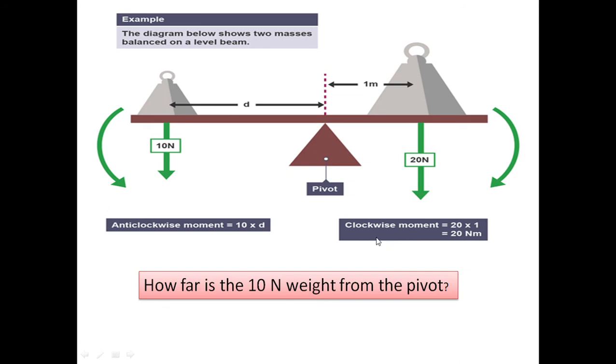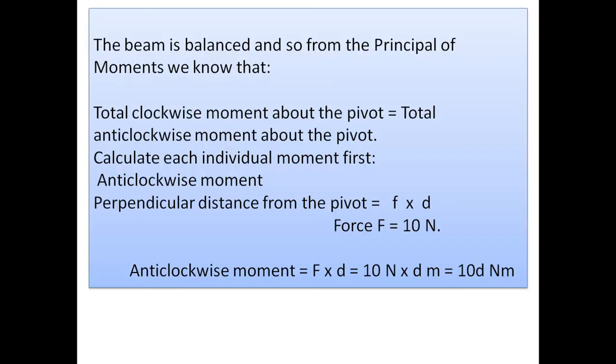Now look at this. Clockwise moment equals 20 into 1, 20 Newton meters. Anti-clockwise moment is 10 into D. Now they have asked how far is the 10 Newton weight from the pivot. You have to find the distance D. How do you calculate that? Now look at this step by step. I am going to explain.